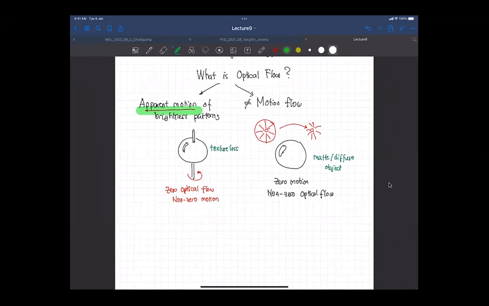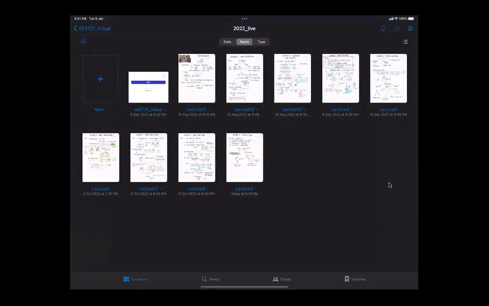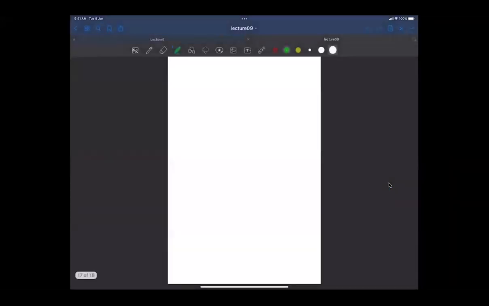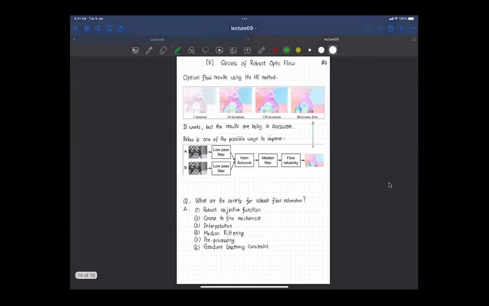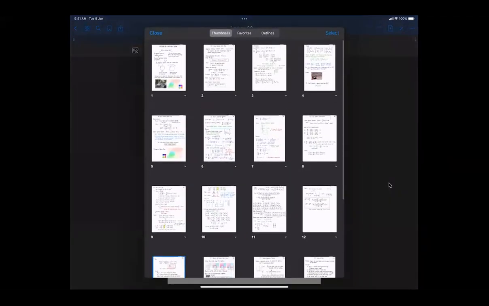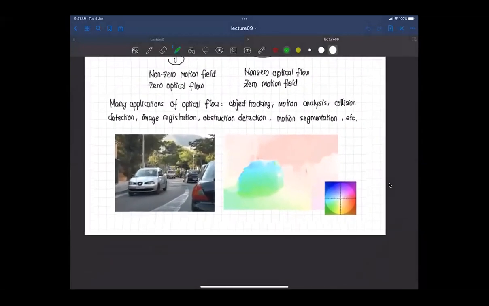Right. So I can give you an example here of optical flow. Let me see if I can show you. All right. Today there will be a lot of mathematics discussion. Please be prepared.